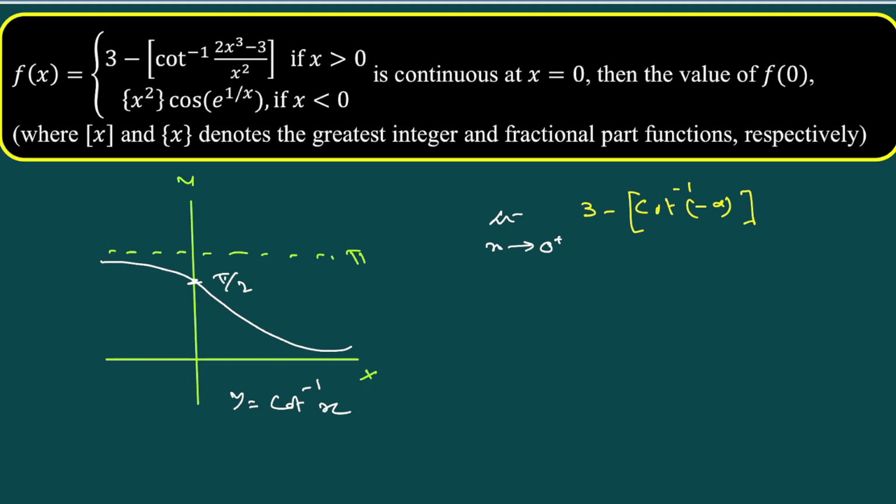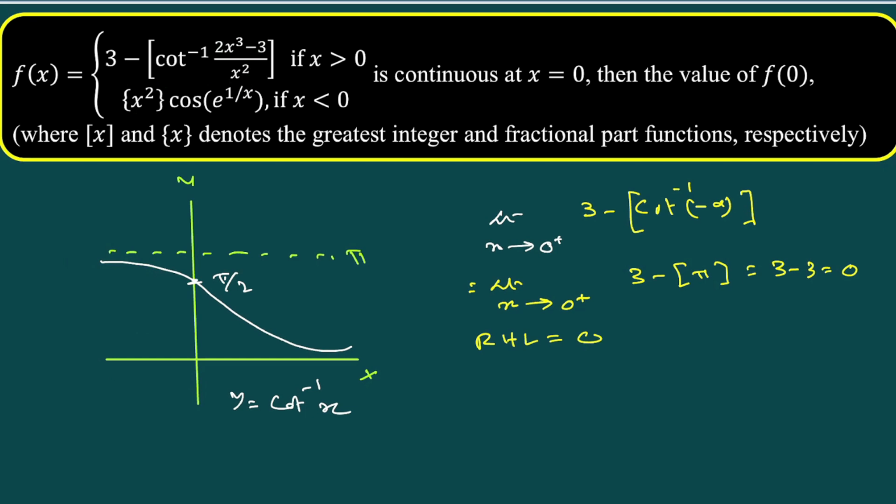From the curve, when x tends to minus infinity, the graph tends towards pi. So the limit is 3 minus box of pi, which is 3, so 3 minus 3 equals 0. Therefore, the right hand limit equals 0.